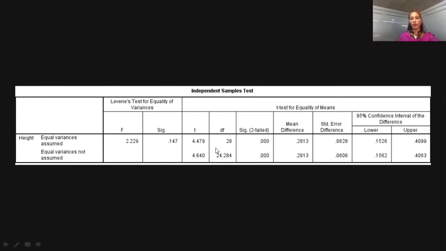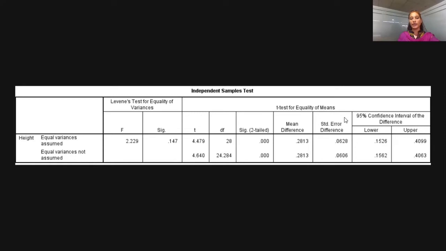So we can conclude that for the independent sample t-test, the t value is 4.479 with degrees of freedom 28 and p is less than 0.05. Therefore we reject the null hypothesis and state that there is a significant difference in the height of male and female. So this way we can conclude this.